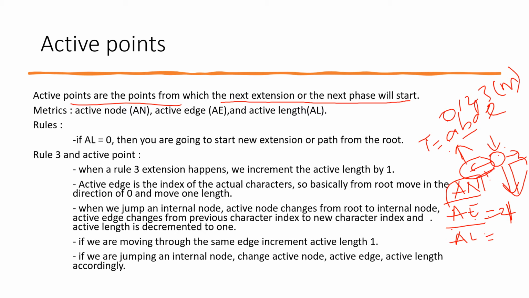Active length tells us which particular point it is pointing at. Like it can be b, d, e; if we want to point at d, it will be 2. So we move from the active node, in the direction of the active edge, to the active length point. From this point, we check how to proceed further for the next extension.